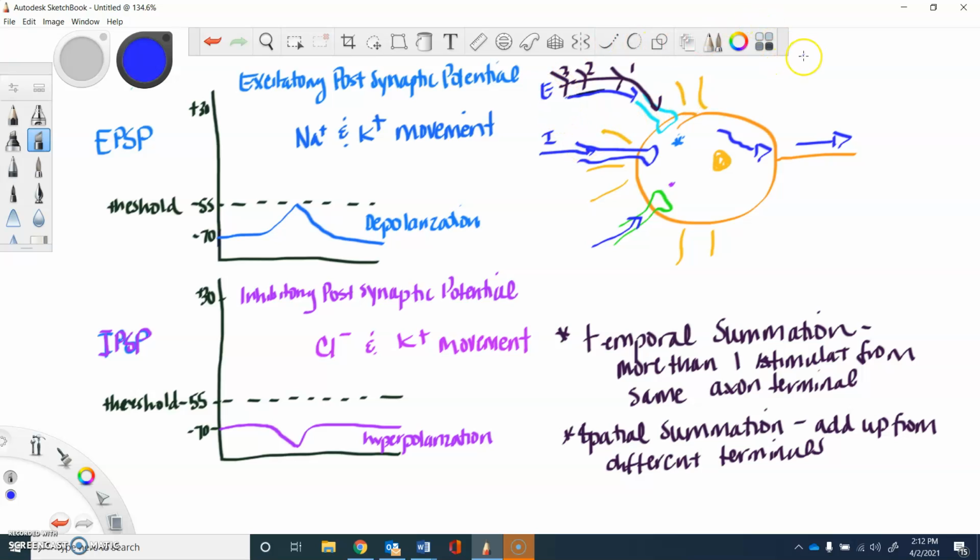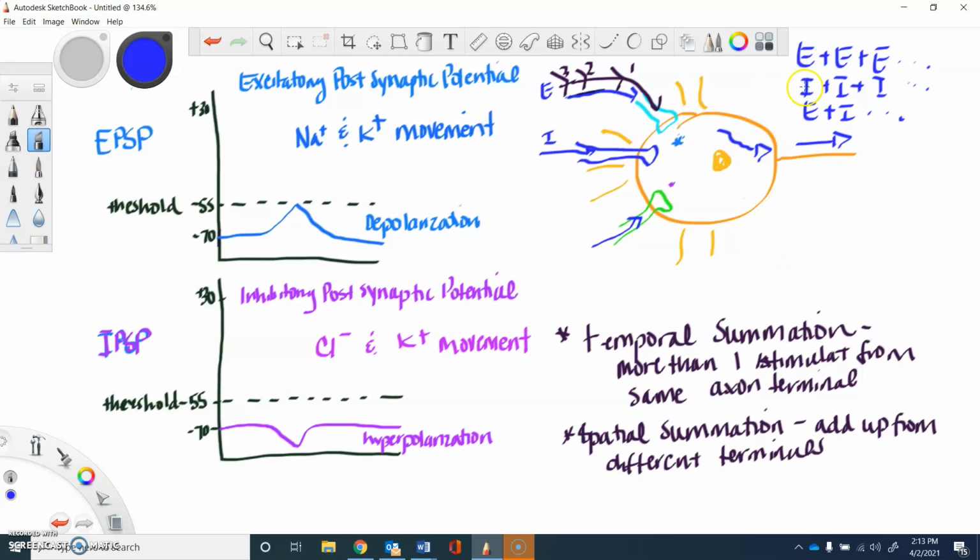So we can add excitatory plus excitatory plus excitatory, inhibitory plus inhibitory plus inhibitory, or we can add excitatories and inhibitories together.